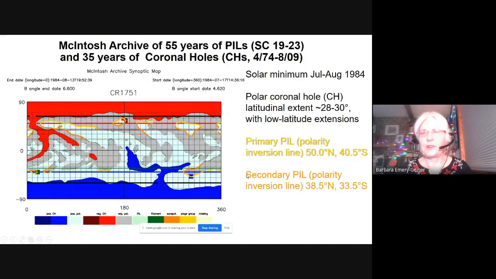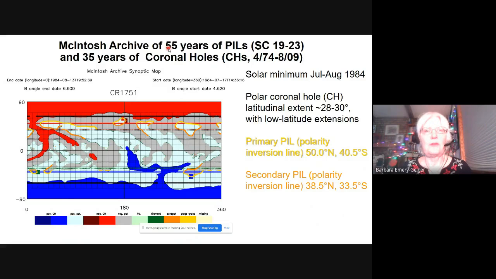These are the maps that we start with, that Ian Hewins and Bob McFadden have been working on for years, initially with Pat McIntosh himself. He started in solar cycle 20, 1968, I think. And then we added another solar cycle, 19, from Kodaikanal.